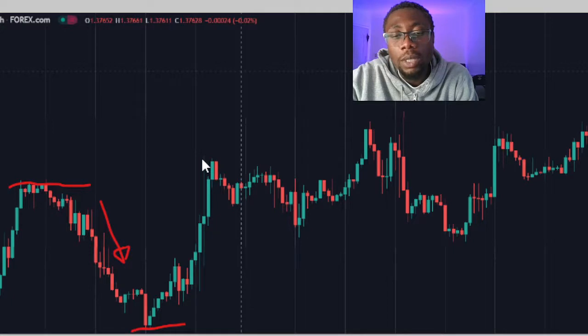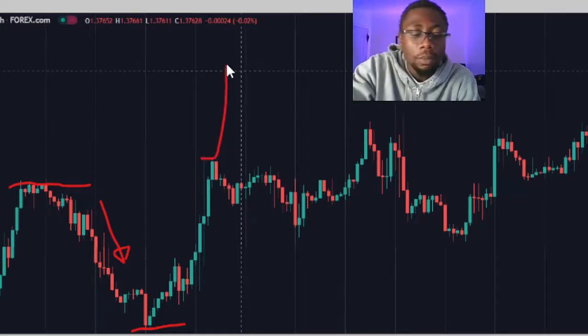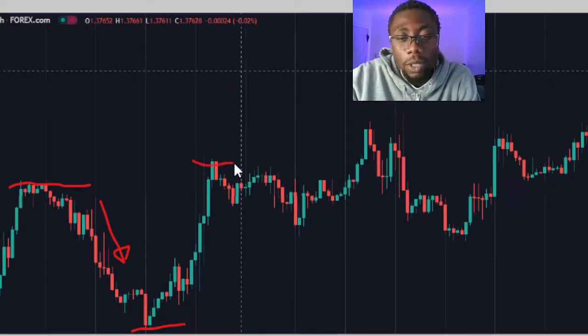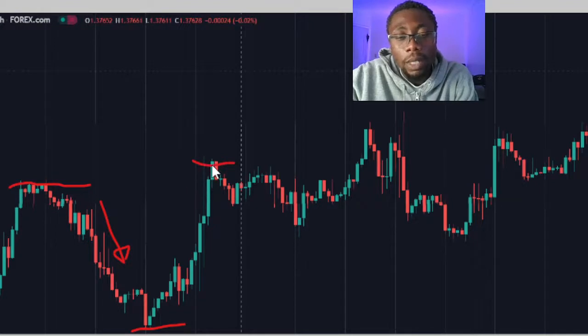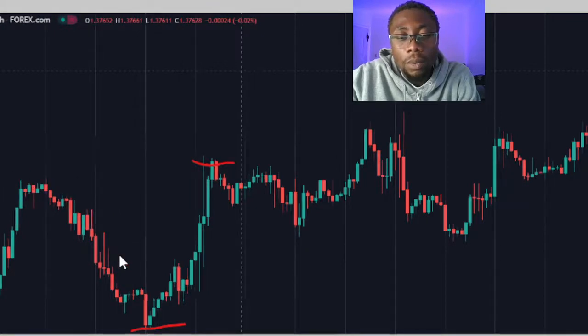We would simply have just marked this new level as we see price bouncing away from it, and then we would disregard this level now because it has been broken once and then came back to be broken twice right in here. So we would no longer use this level.